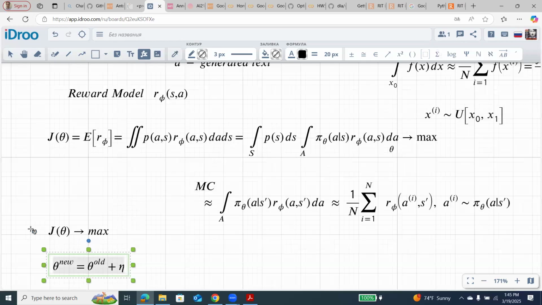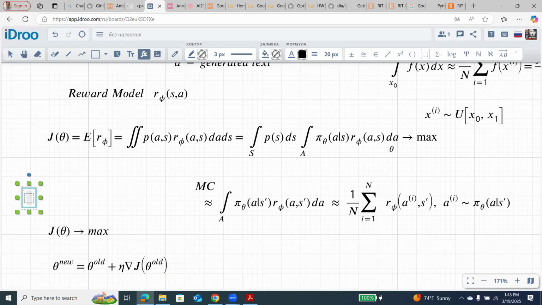Of course, in practice, we use Adam with a little bit more complicated estimation for learning rate eta. So this is our goal, to update the weights of the model with information from human preferences.